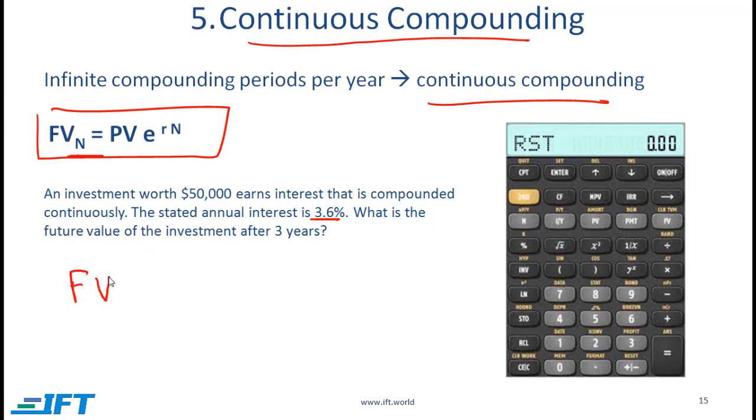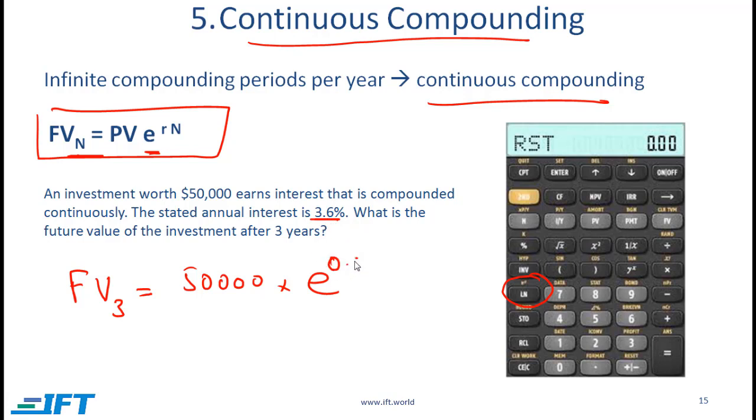Using the formula, the future value at the end of 3 years is equal to 50,000, which is the present value, multiplied by e, which is right here on your calculator, that is really e to the power of x. So into e to the power of r, r is the stated annual rate expressed as a decimal.